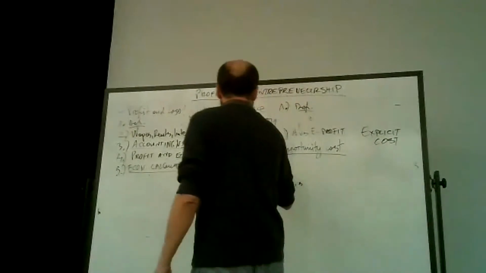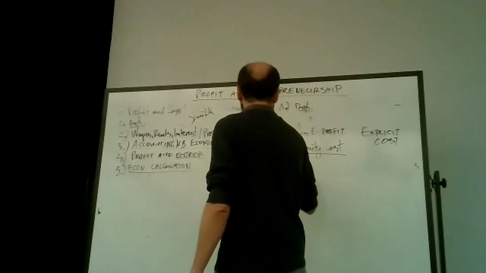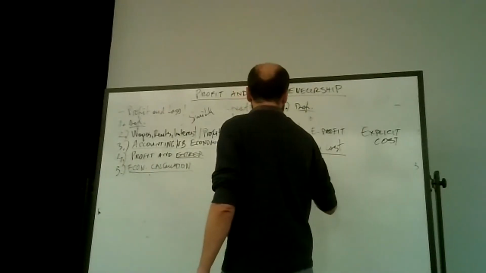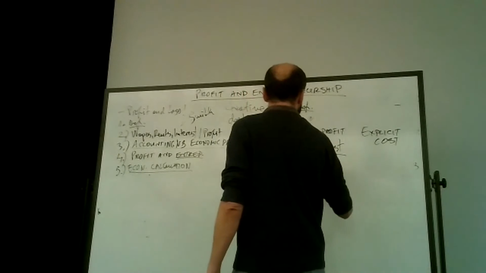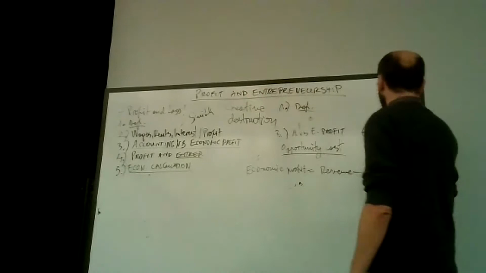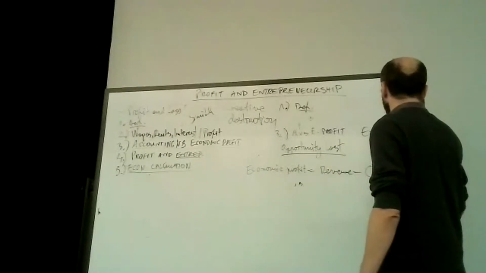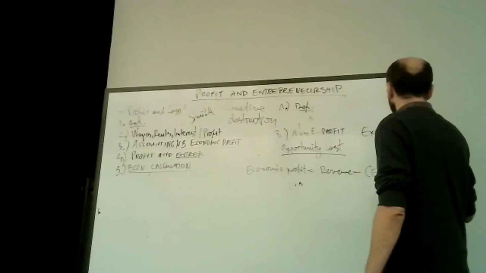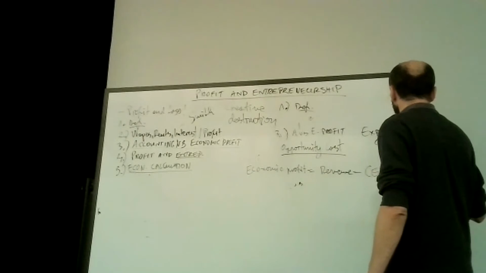So you can say that the formula for economic profit is revenue minus (explicit plus implicit cost).